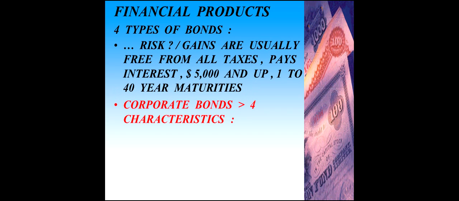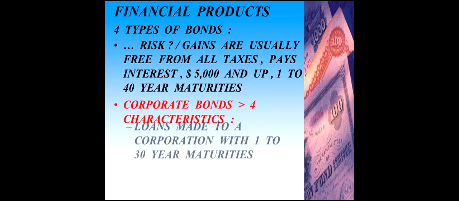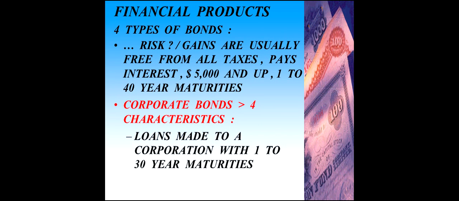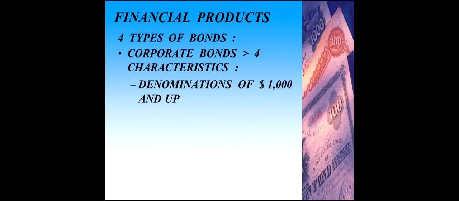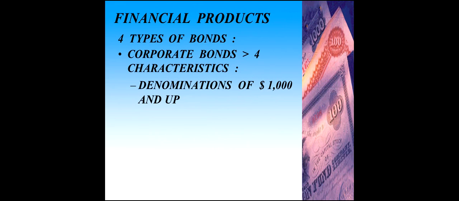Now, let's take a look at the fourth type of bond, which is the corporate bond. There are 4 general characteristics to the corporate bond. First, remember, it's a loan that's made to a corporation, and they generally come with a wide range of maturities, anywhere from 1 to 30 years. They are moderate risk, more so than obviously government bonds. They come in a wide range of denominations, anywhere from $1,000 on up.